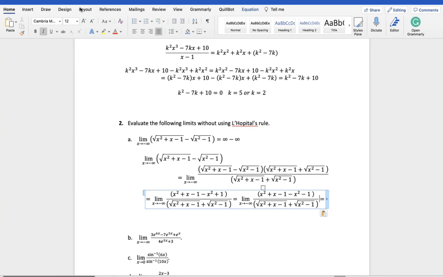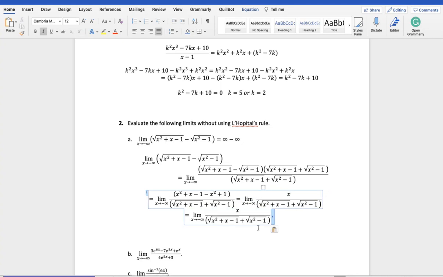So in the numerator, we only have a term in x. So the highest order there is just 1. So x will stay. In the denominator, under the square root sign, we have a polynomial of order 2. So we'll keep the term in order 2 and remove all the lower order terms, right? And so that's what you're left with.